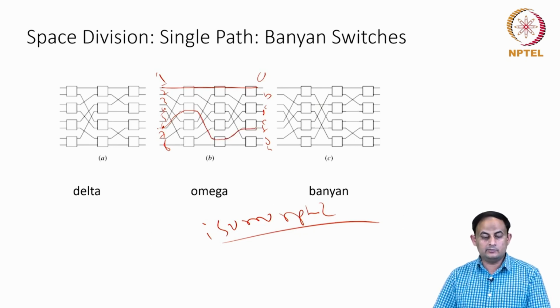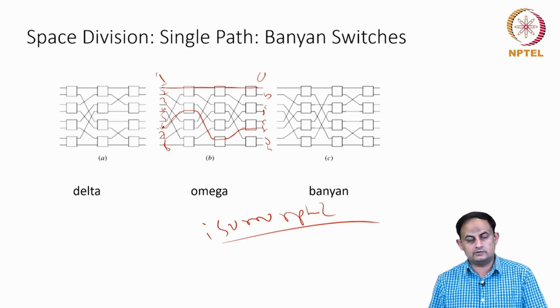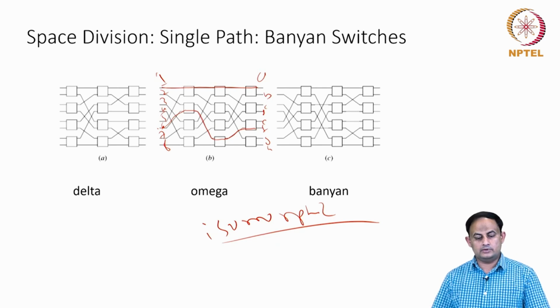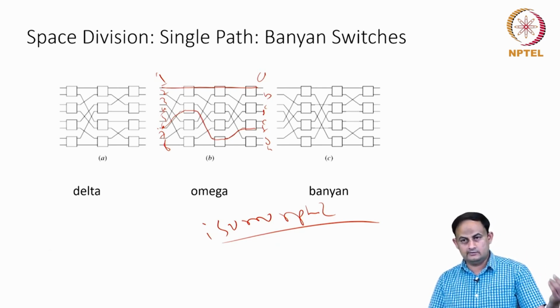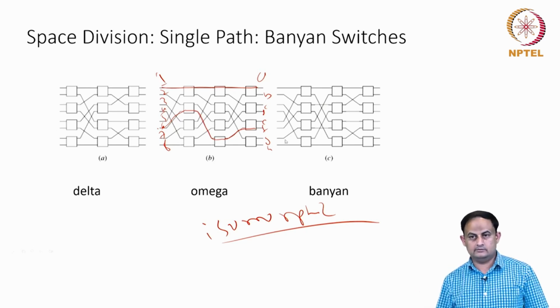So this is the only path that exists. If you take any other path, then you will not be able to reach output port number F. So that's what it is, a single path between any input port and output port. The same argument holds good for the other combinations as well in all three variants.